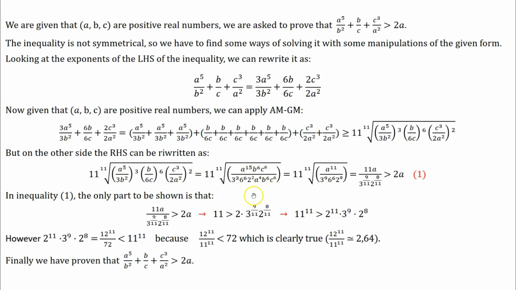Now we do the calculations, reduce the equal terms, and we get 11 times the 11th root of this expression, which equals this other expression, and we can say that this expression is greater than 2a.